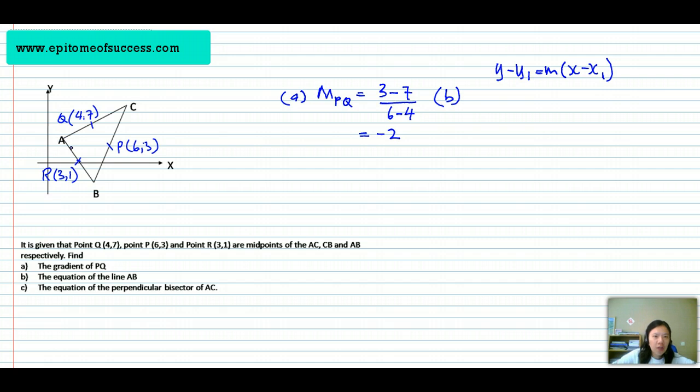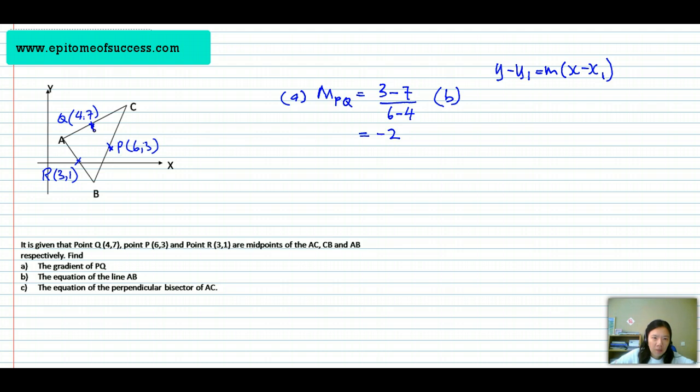So now the challenge is to find the gradient for the line AB. How? Because you don't have point A, and in order to find point A, it's going to be really tedious. You're going to form multiple equations to find point A or B or C using the midpoint formula. So one characteristic of triangles that we are not told is this: the midpoint, this midpoint and this midpoint, PQ.